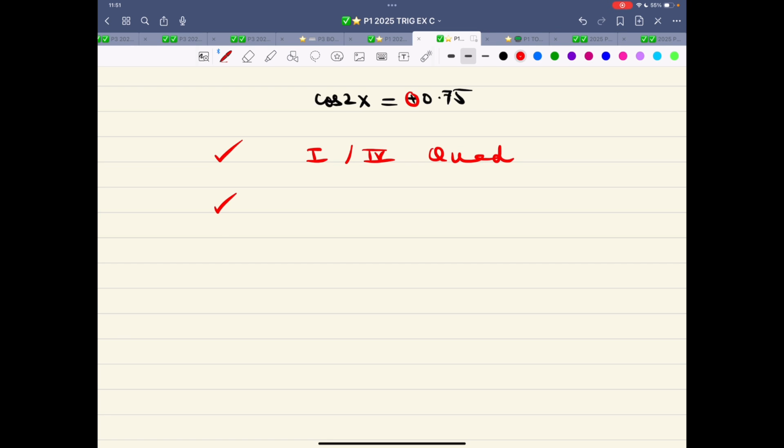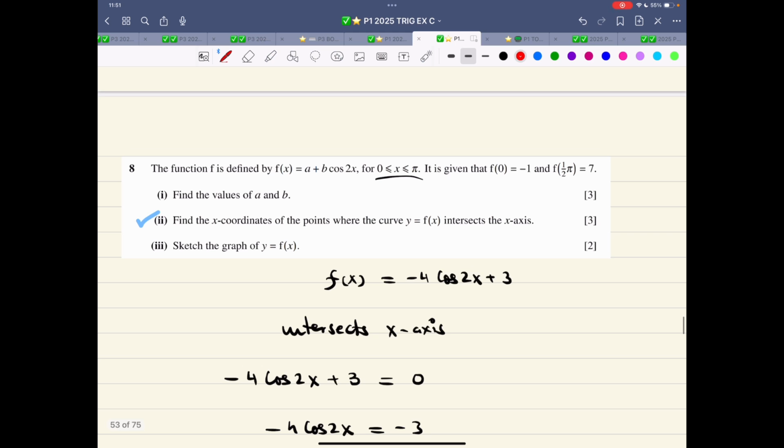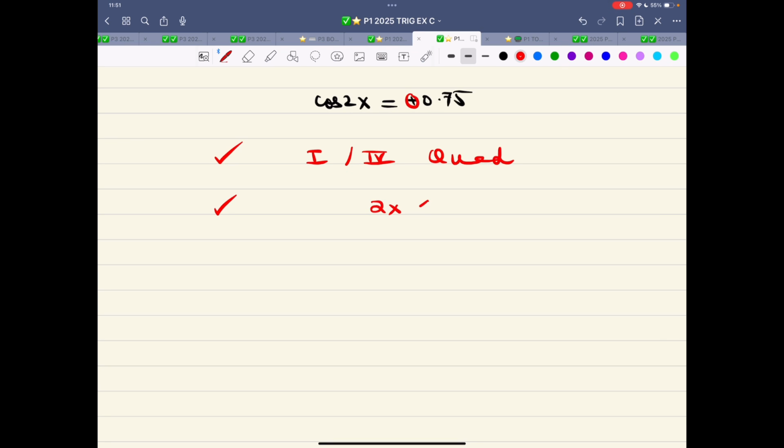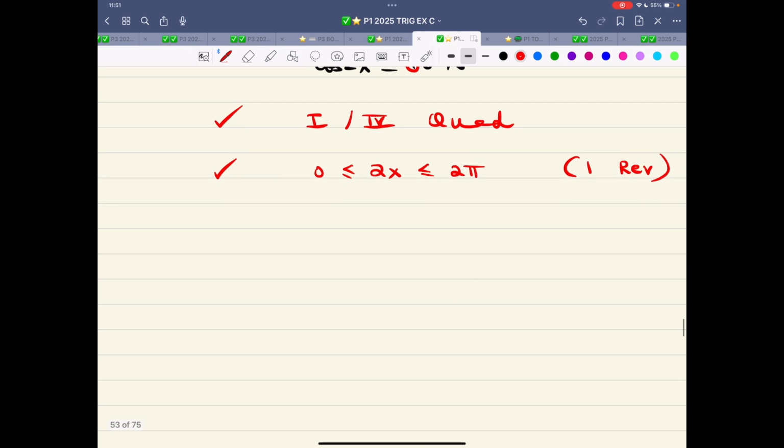Next thing, that is modification of range. x lies between 0 and pi, but because there is 2x over here, therefore 2x lies between 0 and 2 pi. So this is one complete revolution that we are talking about. Next step, that is calculation of basic angle. Cosine of alpha is 0.75.